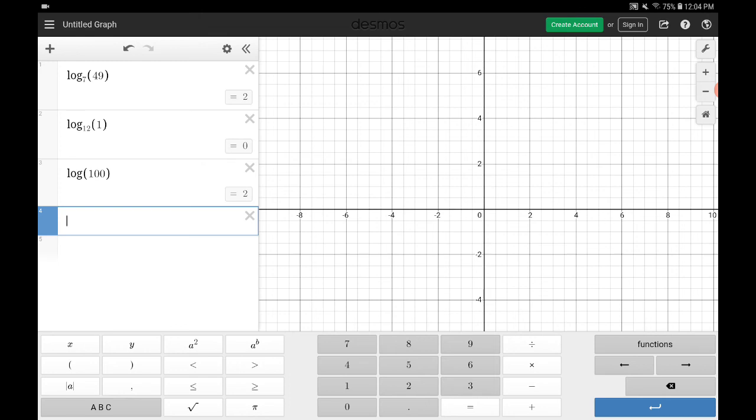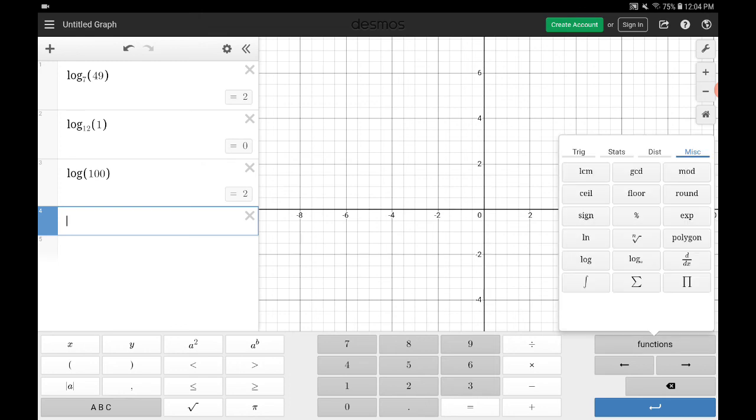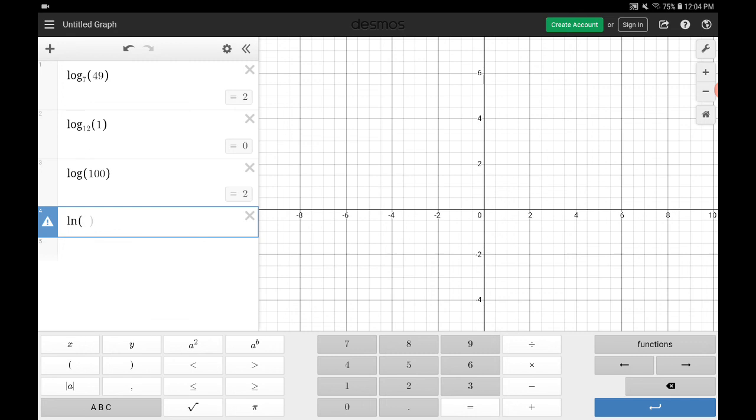Let's do a natural log. So ln is natural log. This is with base e here. And then we can just pick a number. Let's just say 45, we'll probably get a decimal. And there we go. So that's a natural log, and e is a decimal number.